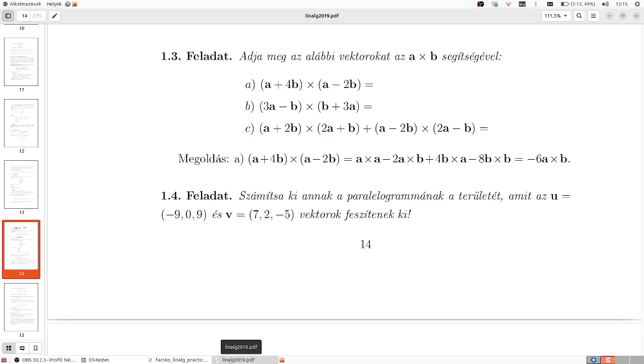Because it's the property, I think. Yes, that's okay. That's enough.